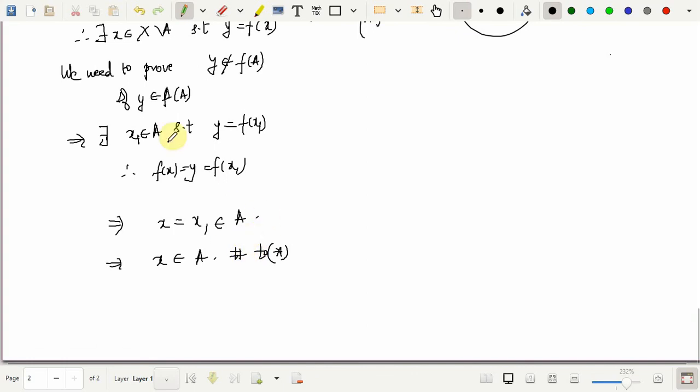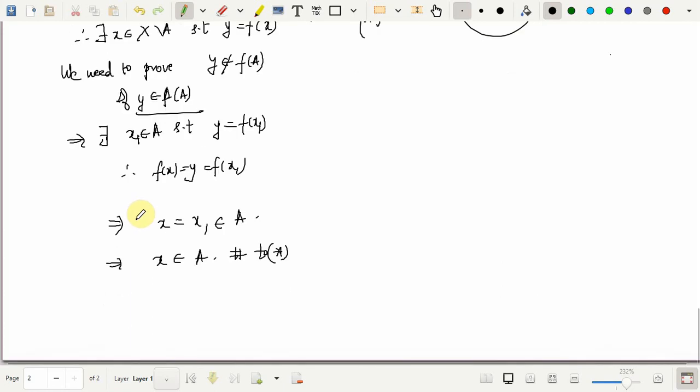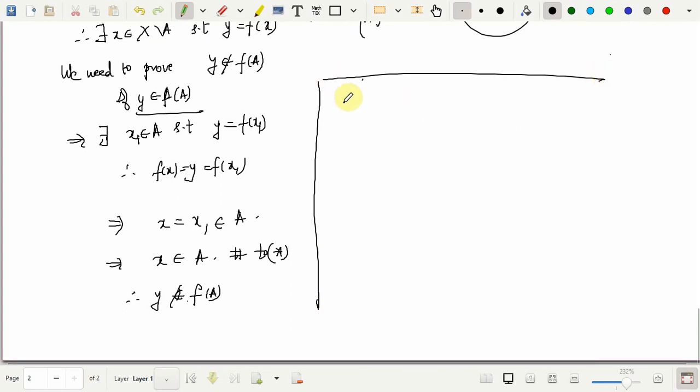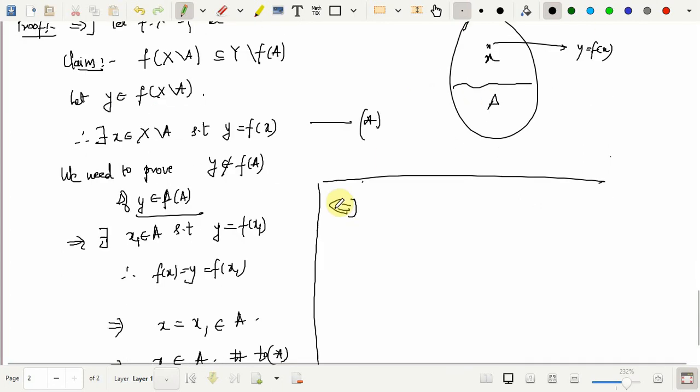Why are we having this contradiction? Because we assumed that y belongs to f of A, and therefore we need to have y not in f of A. Now the converse part is again similar to how we produced the proof for the previous result, because we are going to fix one particular A to get this.